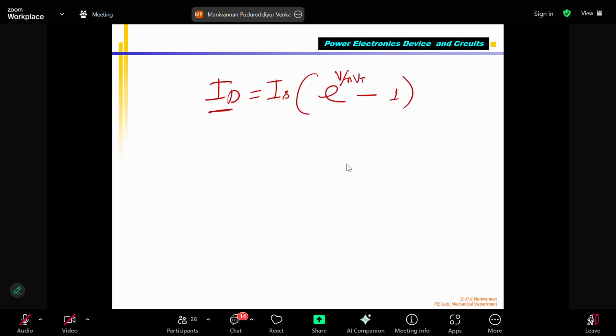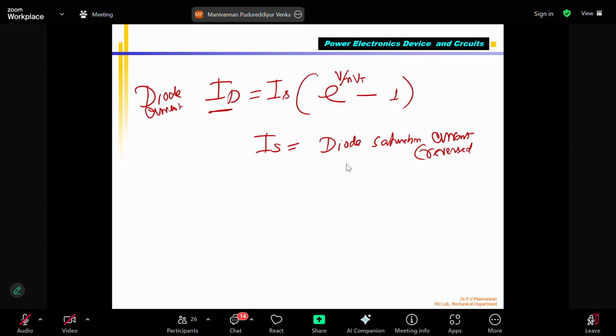This is called the diode current. Here, IS is called the diode saturation current.